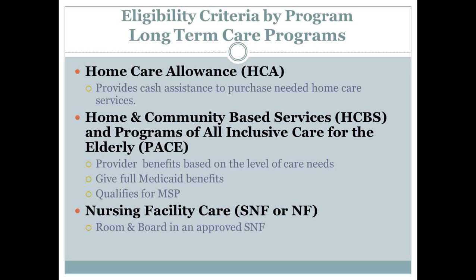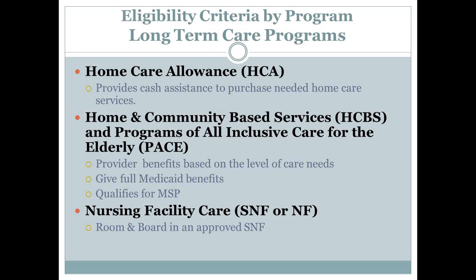This program allows even a family member to be the person that cares for them. So if someone applies for the Home Care Allowance program, they will do it again by income and resources eligibility, but also the need for care to avoid going into a nursing home. So a person may get 6 or 10 or 12 hours a week, and they would be paid enough to pay a caregiver that amount. And that, again, that caregiver could be a family member.